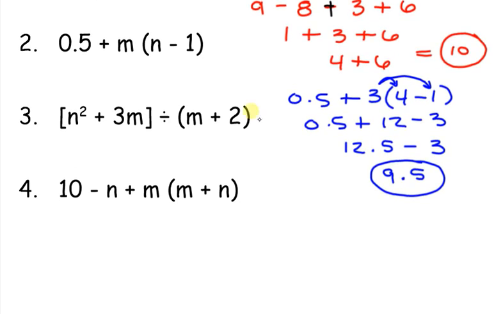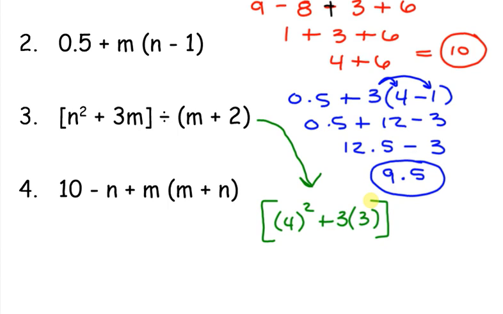All right, I'm going to work on number 3 here. So this time I have these brackets. These are the big parentheses. So instead of n, I'm going to use 4 to the second power plus 3 times m, and instead of m, I'm going to put 3. Close my big brackets. Divided by, instead of m, I'm going to put 3 plus 2.